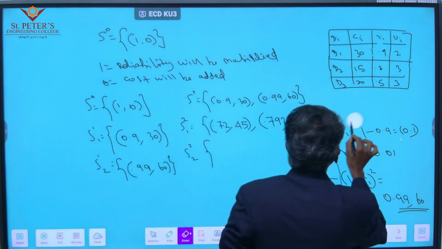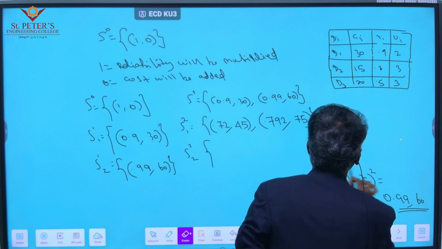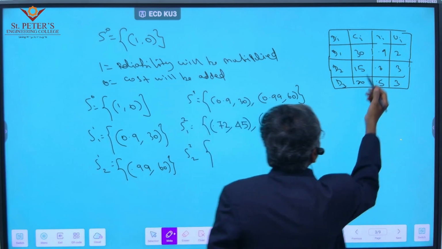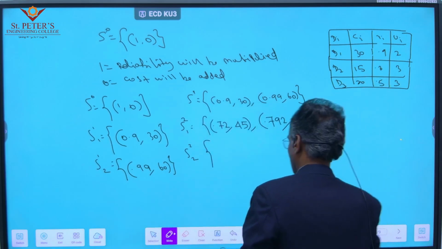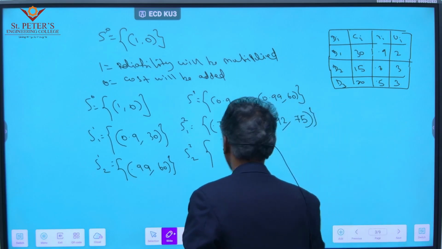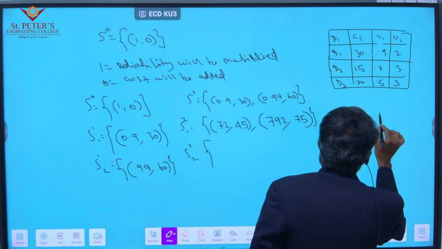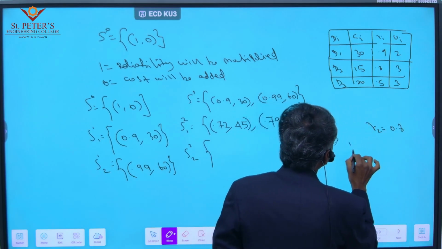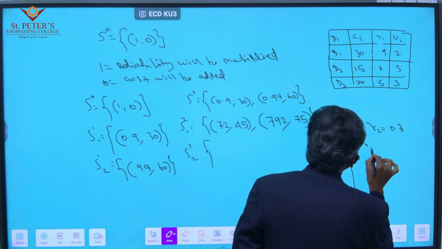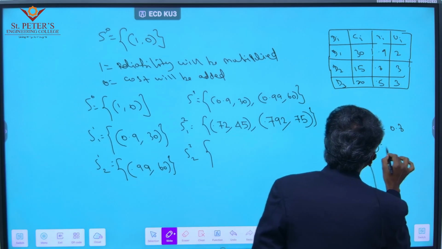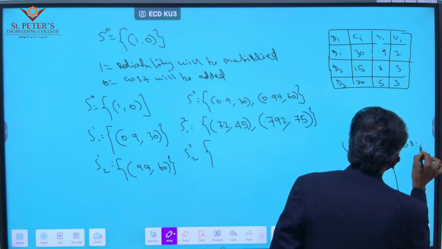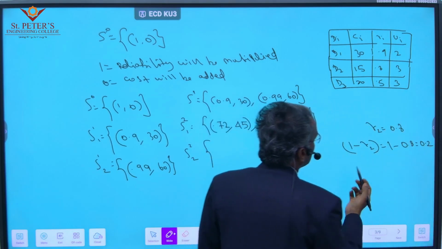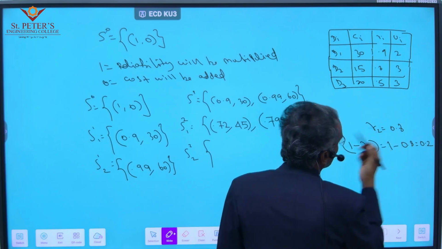The reliability ratio of the second device is 0.8, so our failure rate is 1 minus R2, which is 1 minus 0.8 equal to 0.2, and the success rate you know already, 0.8.